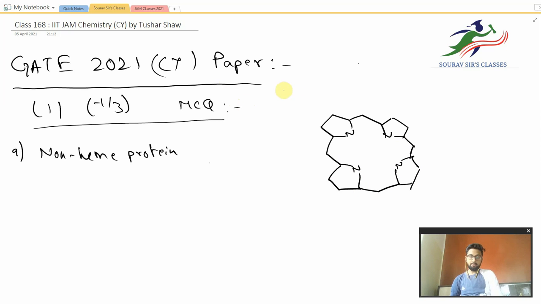Let me just draw the bonds over here. We have this one, then this, then this, and then this one, then this, then here, and then here, and then here. So this is the structure of a heme molecule. Now, we are given 4 options, so we have to draw each and every one of them. Let us draw them one by one.